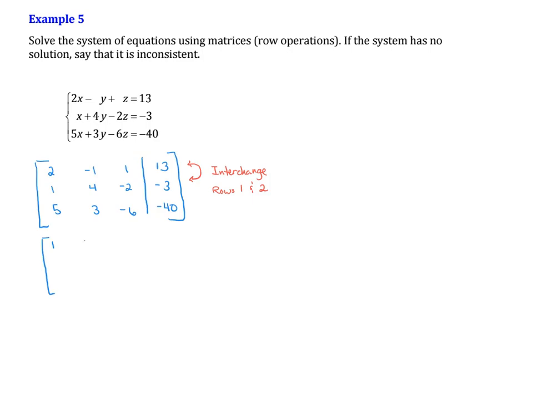So we obtain 1, 4, negative 2, negative 3, 2, negative 1, 1, 13, 5, 3, negative 6, negative 40.